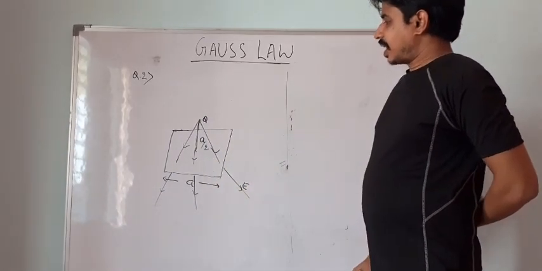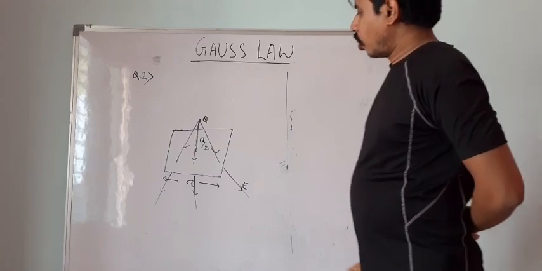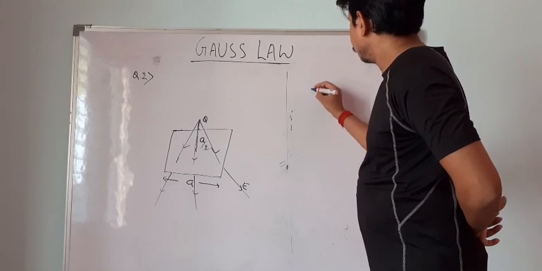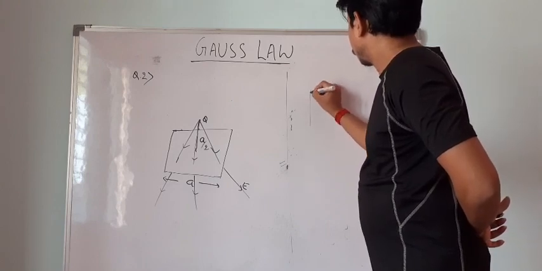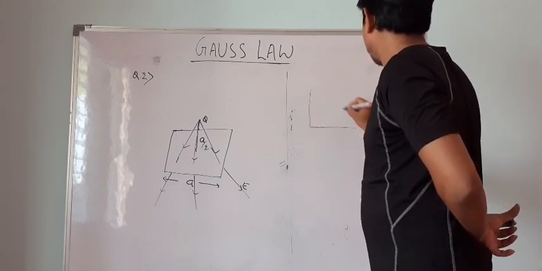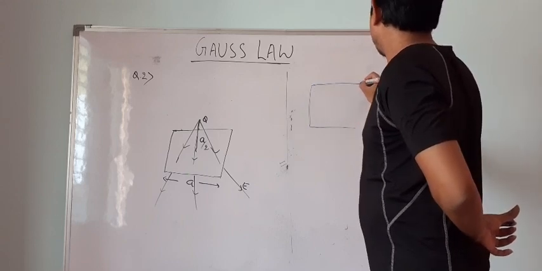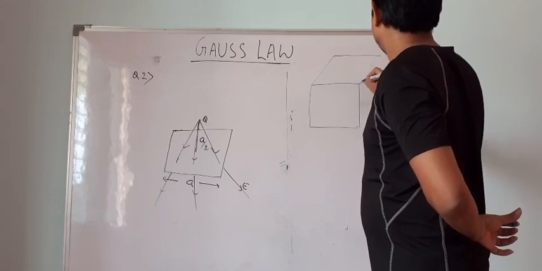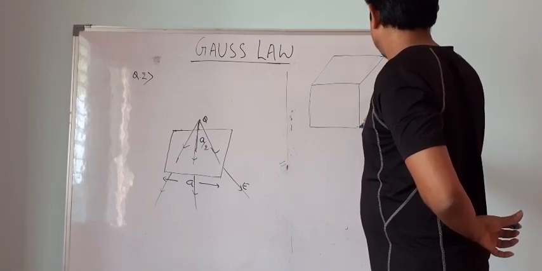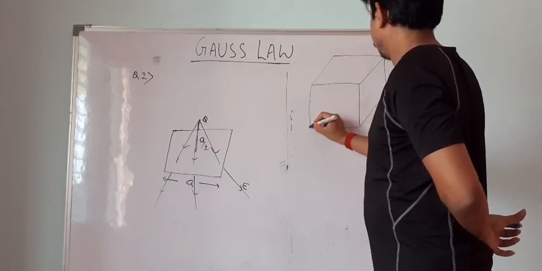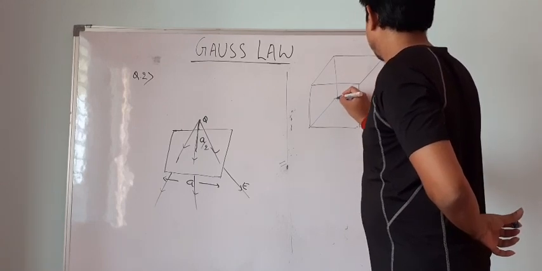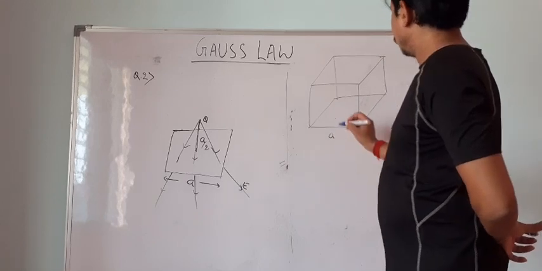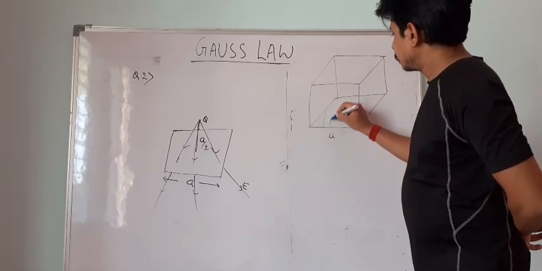I will construct a cube of side length A. So this is a cube of side length A, and this is my bottom surface.